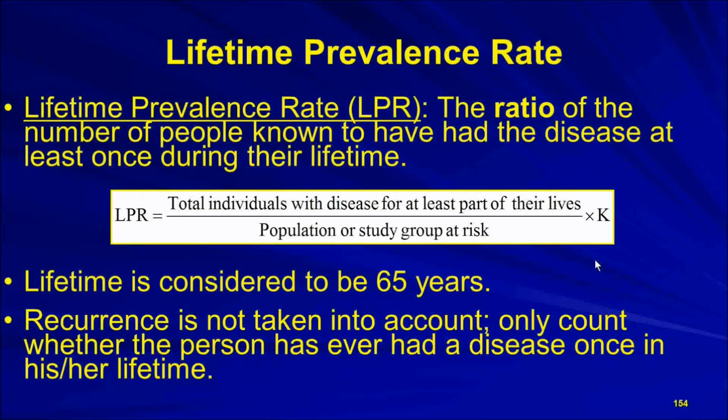Even though you might have had influenza 10 times, you're going to say, yes, I've had influenza. They don't want to know the number of times. They just want to know whether or not you have had the disease. So it's a dichotomous variable. Yes, I've had influenza, or I have not. And we're looking at the population or the study group at risk times the k to the nth power.